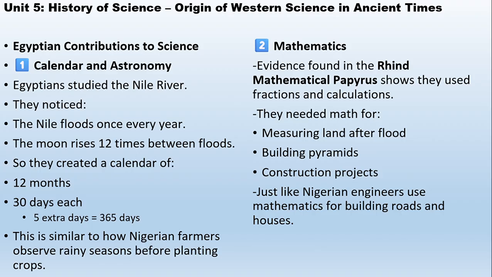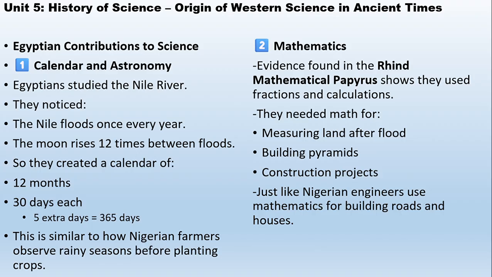For them, they believed they needed math to calculate, say, 2 centimeters plus maybe 10 centimeters, to calculate a triangle, or an equilateral shape of whatever they wanted to construct. So they needed mathematics to measure land after the flood.